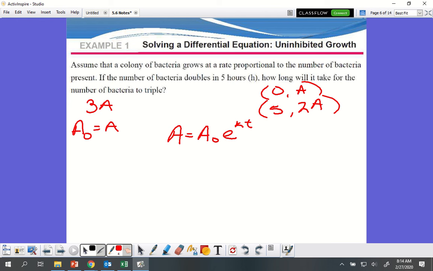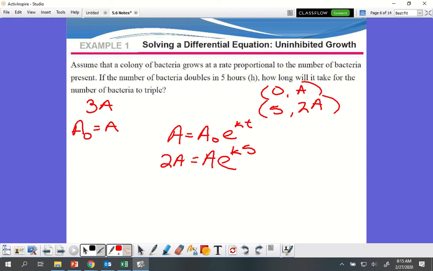So let's go through and use these. My first initial is going to be just A, and that's going to be e to the k. Now I know the time for this next thing, so that's going to be 5, and that's going to be equal to 2A.